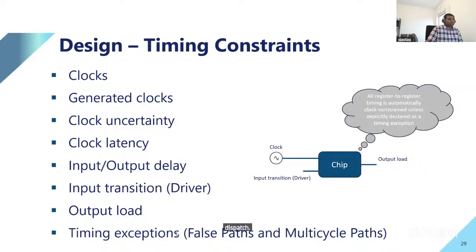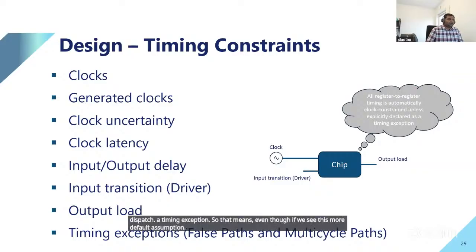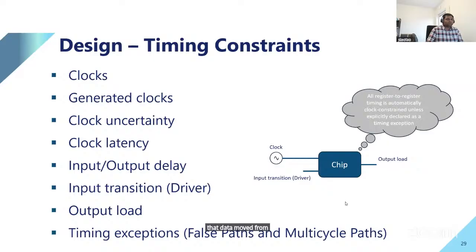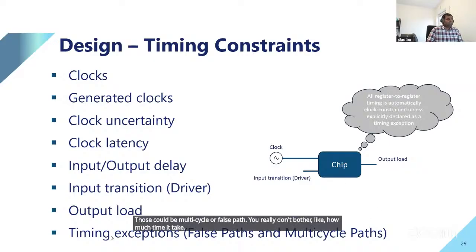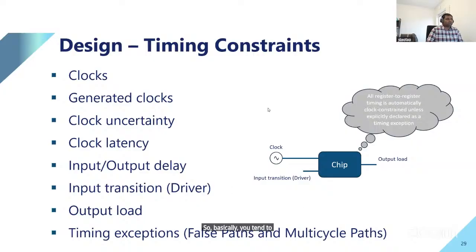A timing exception. So that means even though by default we assume that data moves from one flop to the next flop in one clock cycle, there are some paths in your design that could be multi-cycle or false path. You really don't bother how much time it takes. So basically you tell the tool, I have a certain path.